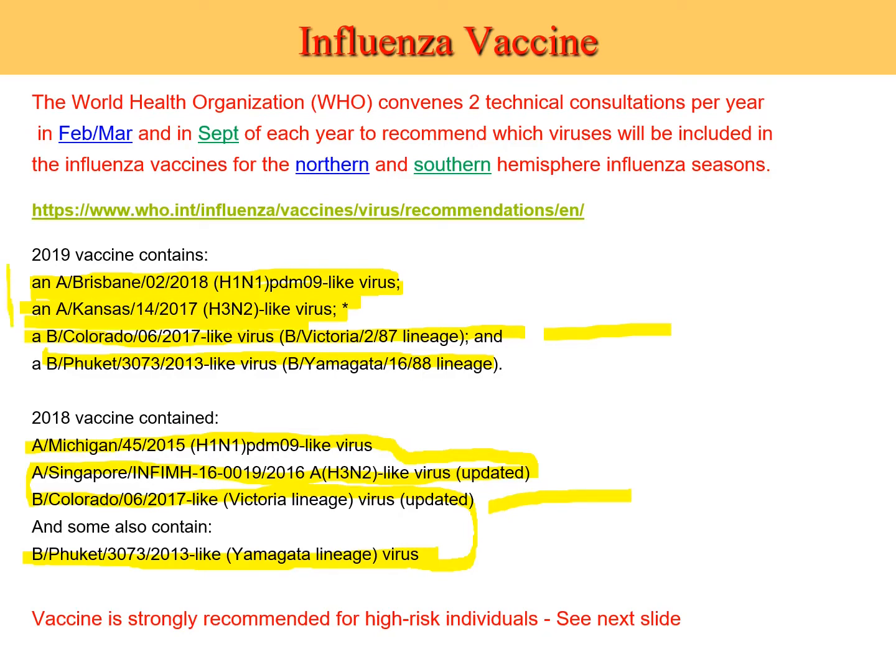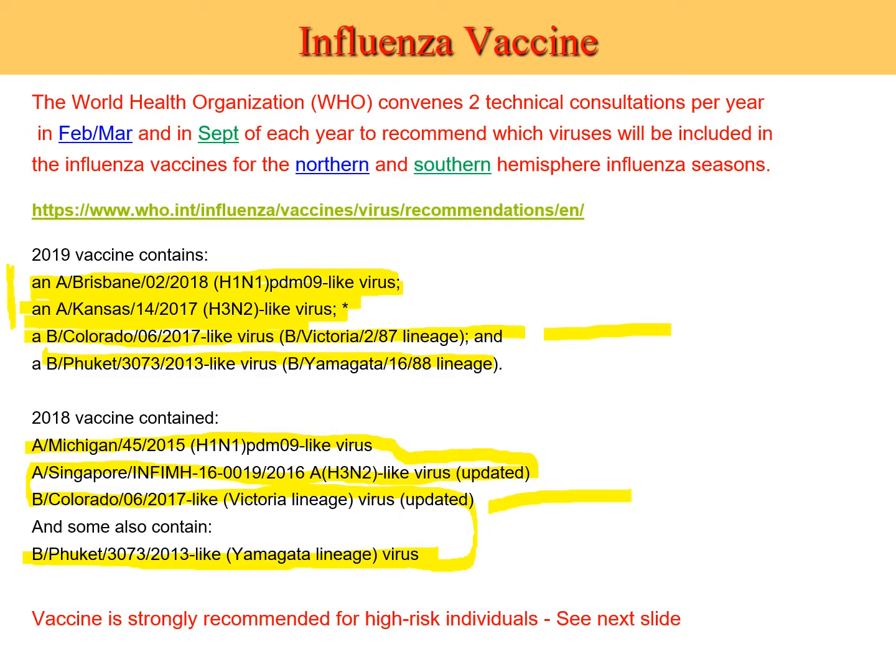So they were the ones that were most likely to start occurring in the fall season in the Northern Hemisphere. And so things evolve year by year, and different vaccines are prepared to prevent the most likely infection with the most likely strains that will be going around.